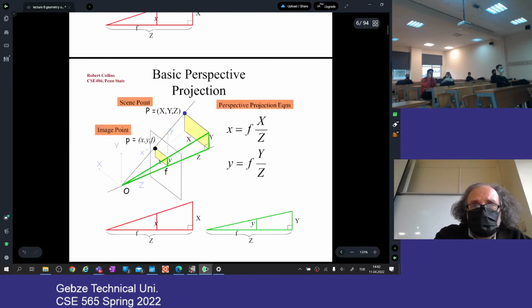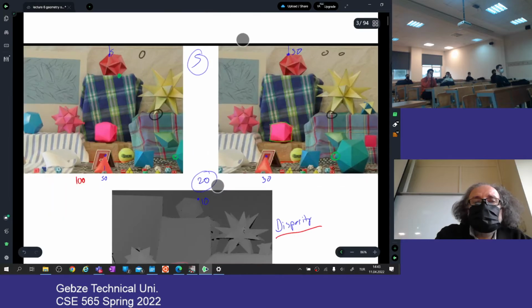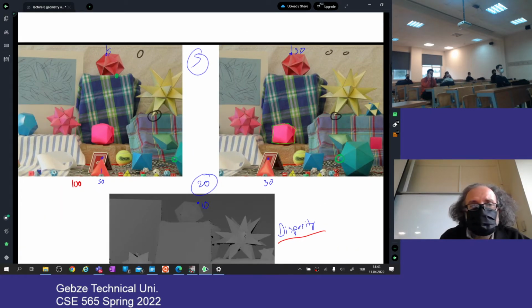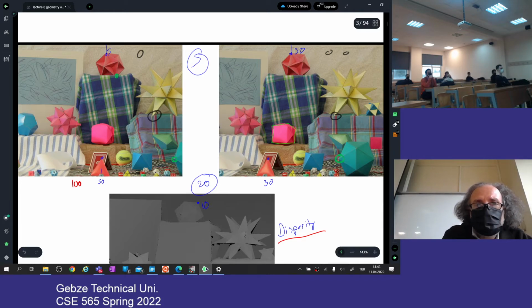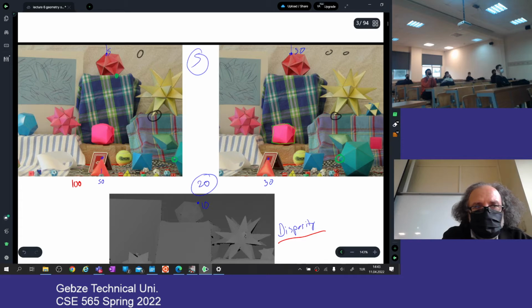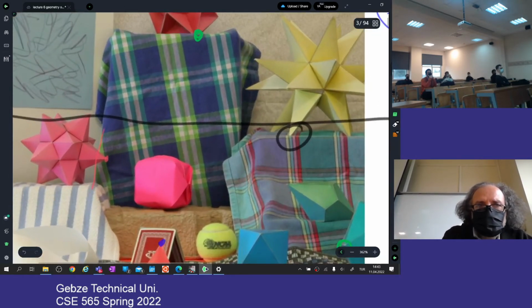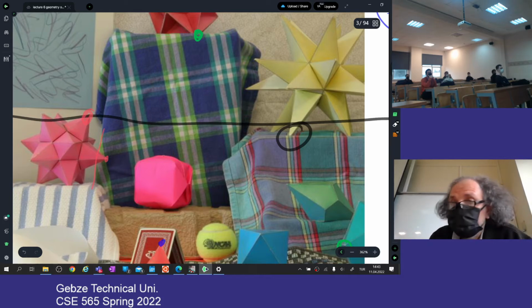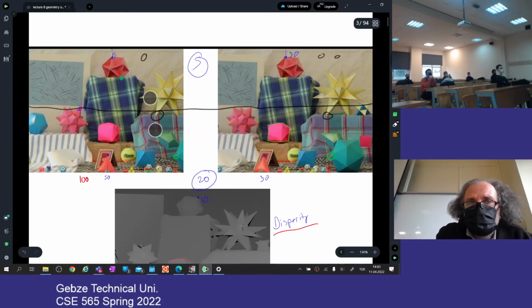And in fact, let's go back to our original image. It is not a coincidence that all the corresponding points on the left image and right image happen to be on the same line. Let's look at this one. See this point here? This point is on the same line here.